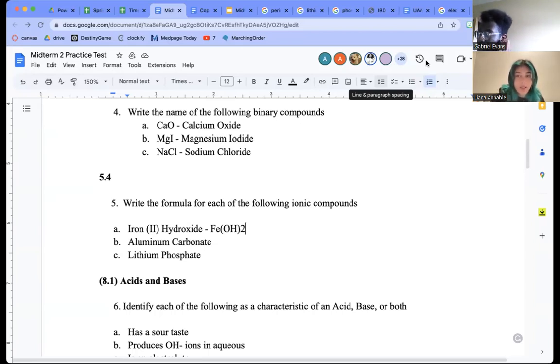Positive, yes, you're right. That's very basic knowledge that you just need to know. So metals are going to be positively charged, and hydroxide is the name for OH. So OH minus is called hydroxide. So here, we'll write it like this.